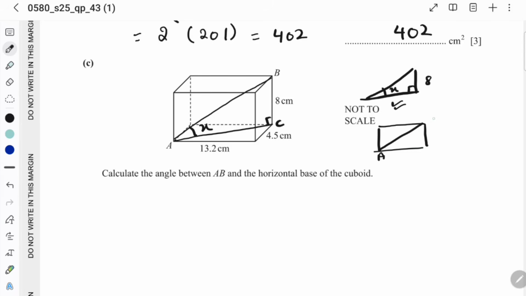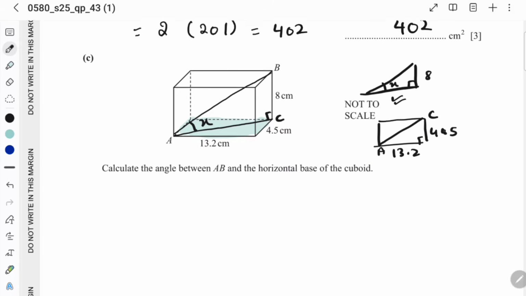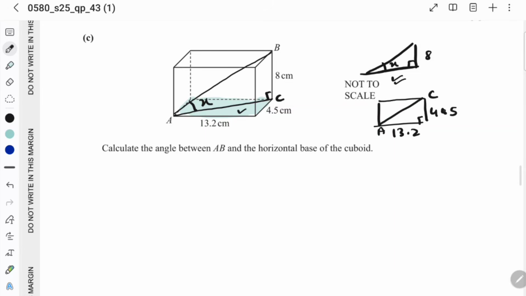This is your line AC, and it is 4.5 and 13.2. I just made this base over there, and then only this portion, because it's the same on both sides. So first of all, we find this hypotenuse, then we put it over there, and then we can easily find the angle.